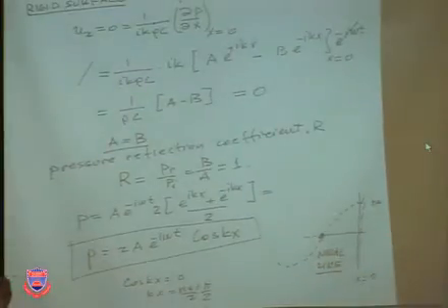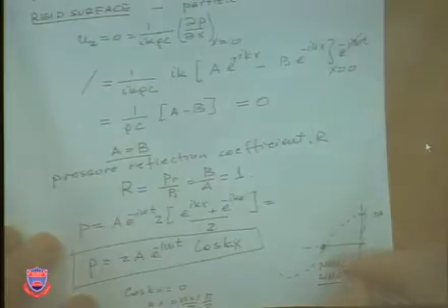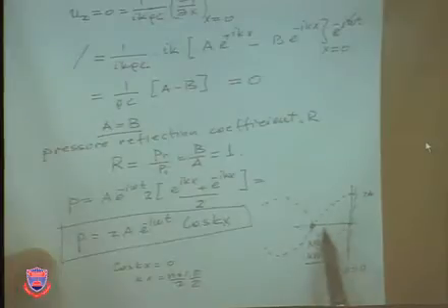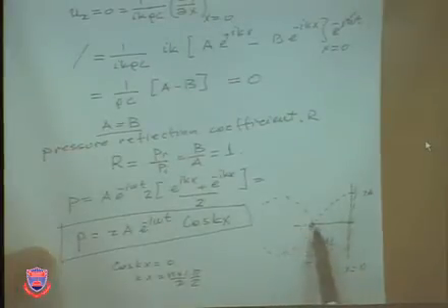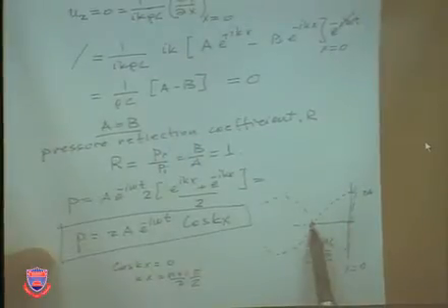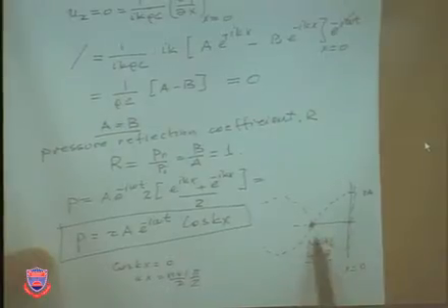What you have is an incident wave and a reflected wave building up an acoustic field. And if you have a microphone that you move from the surface, okay, a certain distance away, theoretically you'll get zero, because of the destructive interference of the two pressure waves.